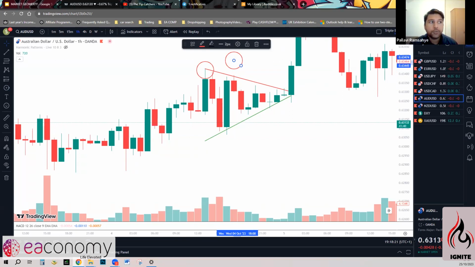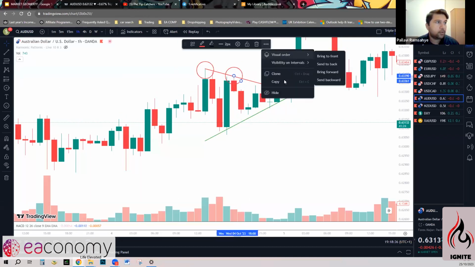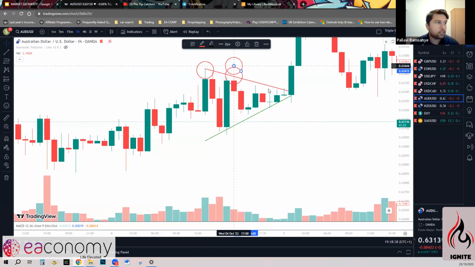However, we need two on the resistance and two on the support, so altogether that would be four touch points. So two on the resistance, there's one there, and the second one's here, and then let's look at the support. Let's see if it's valid.